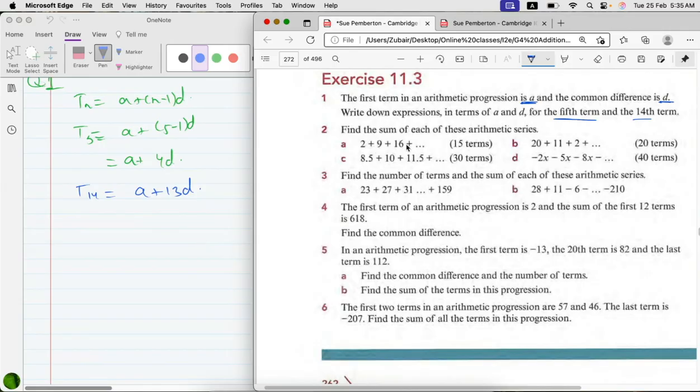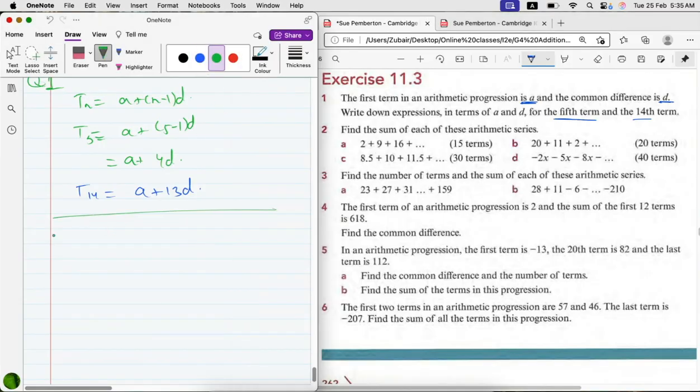Question number 2 says find the sum of each of these arithmetic series. We're looking for the sum, so Sn is equal to n by 2 into 2a plus n minus 1 into d. That's simple substitution and simplifying. Looking at the first one, it says sum of 15 terms.